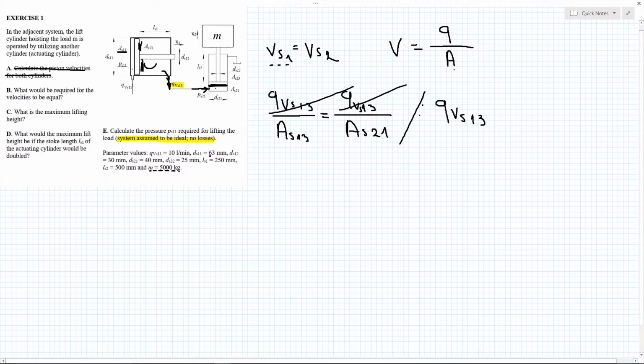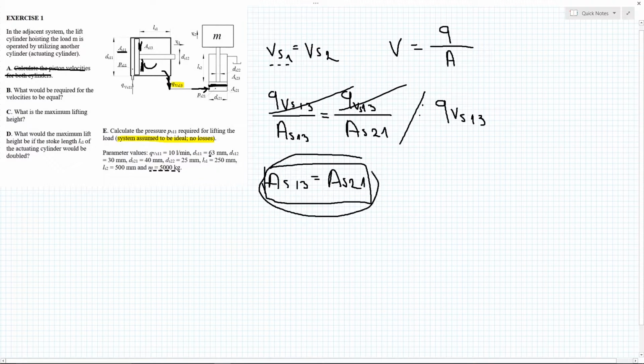We lose the flow, and what we have left is AS13 is equal to AS21. What does this mean? This means that we have to have the same area, the same effective surface. So the ring side area, the back of the piston, has to be equal to the front of the piston area on cylinder number 2. So that's B. That was quick.